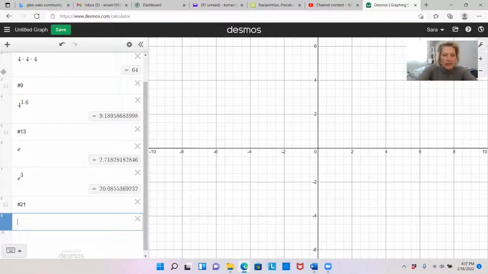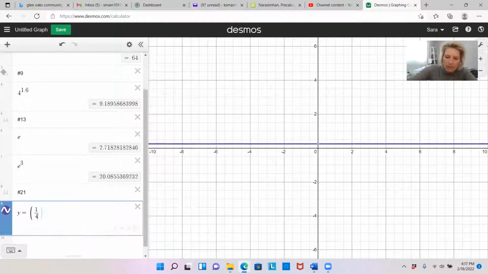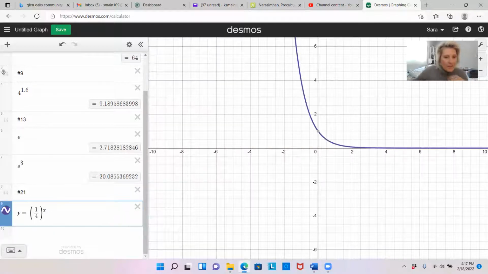This function is y equals, they call it g of x, but we're going to type it in as y equals. And then the base needs to go in parentheses because it's a fraction, and we're going to raise it to the x. So notice what's interesting now is before we've had x as our base and we've squared x, not knowing what x is, but now x is in the exponent.